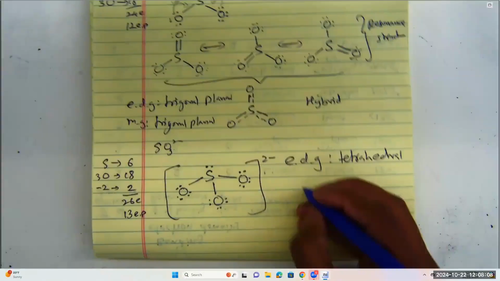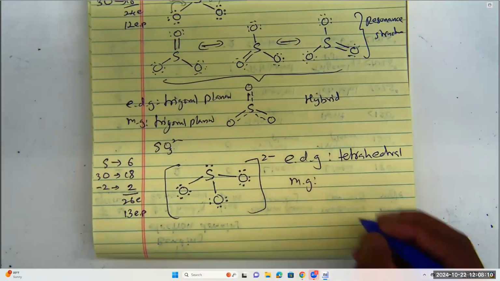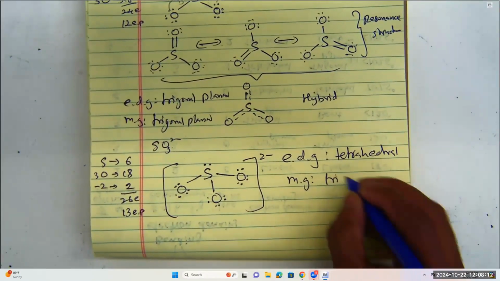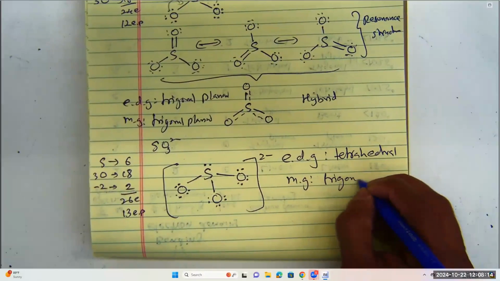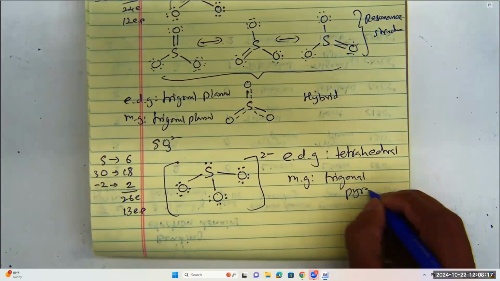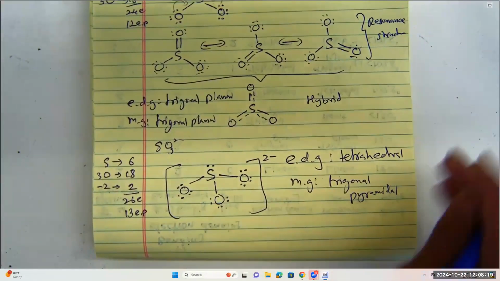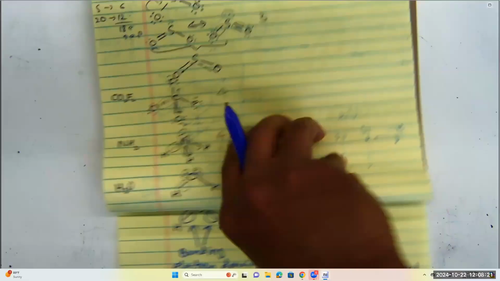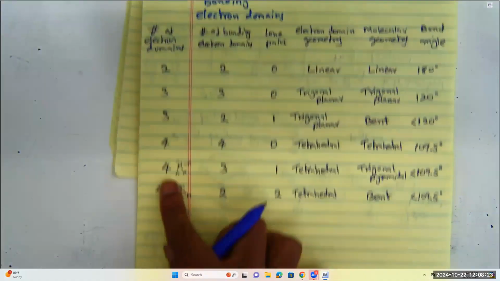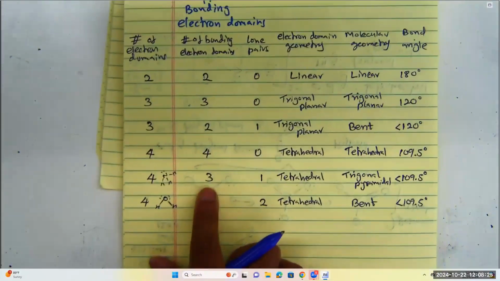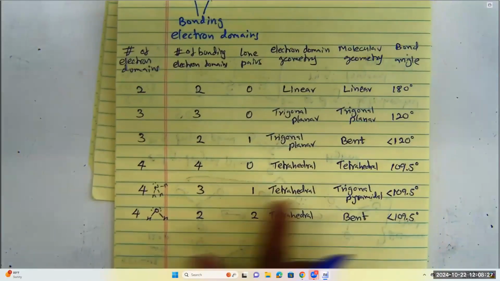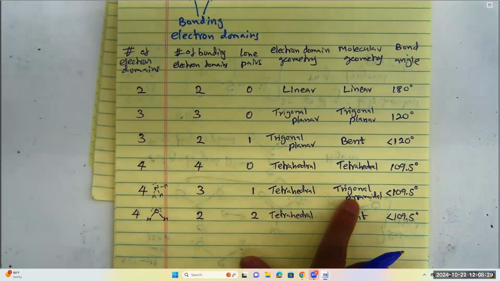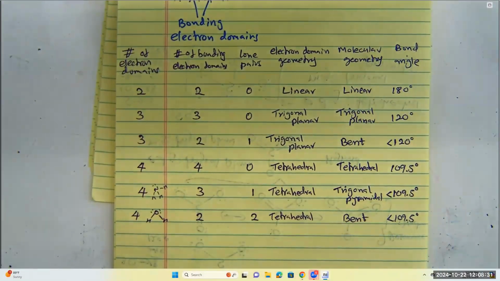And then the molecular geometry should be trigonal pyramidal. How do we know? Whenever we have 4 electron domains, okay, and only 3 of them are bonding, one of them is lone pair, the molecular geometry is trigonal pyramidal.